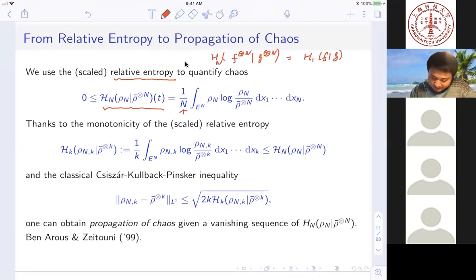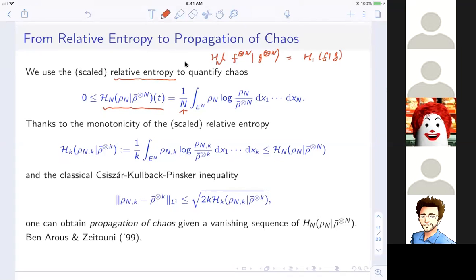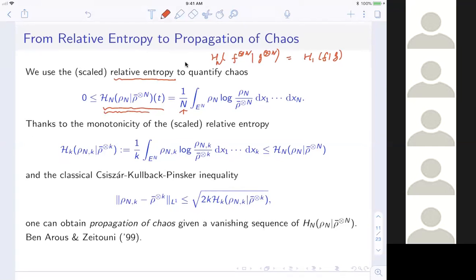Once we can control this, let's say we send this to 0, vanishing as n goes to infinity, then this relative entropy can quantify chaos. Why? Very easy. If we can control this converging to 0, this is monotone, so we can control the relative entropy in k dimension by the classical Csiszár–Kullback–Pinsker inequality.